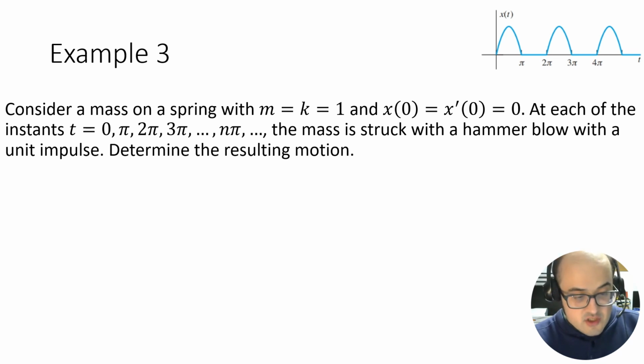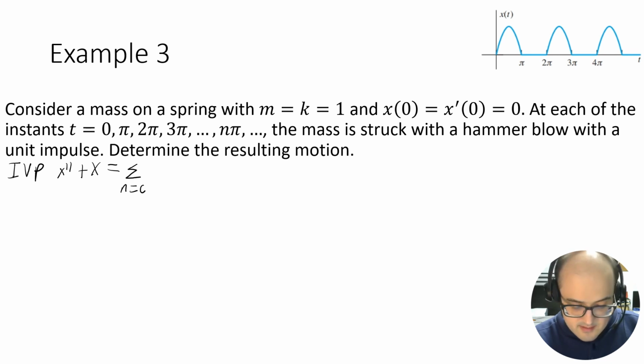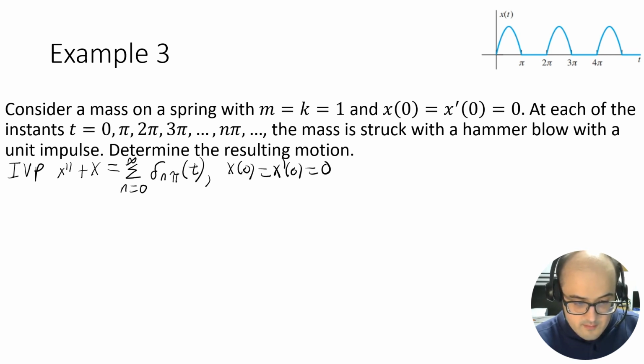But for this, the initial value problem we are trying to solve is going to be x double prime plus x is equal to the sum from n is 0 to infinity of delta sub n pi of t, where x of 0 and x prime of 0 are both 0.